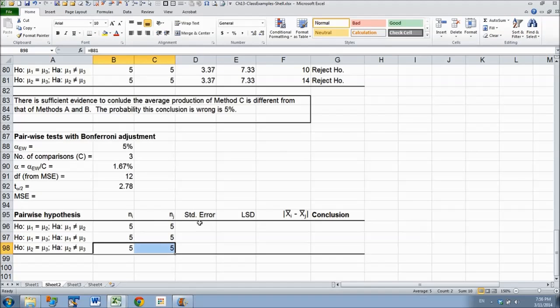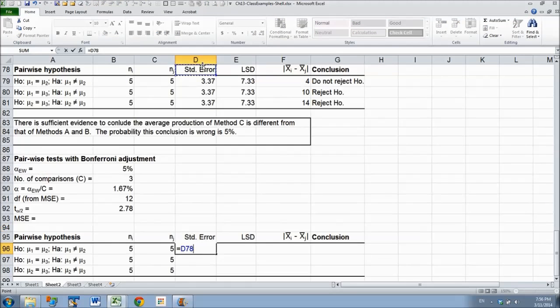So we can simply bring it down from here, copy that. But LSD will be different because we have a new T table value now. Now we need to use this T table value, say 4, times the standard error.